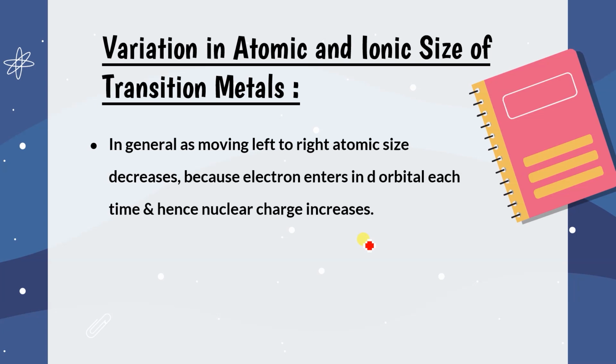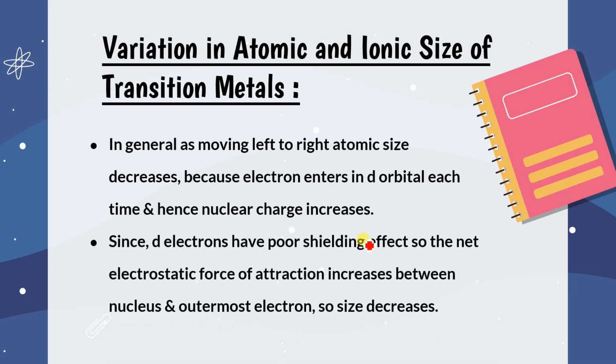Since d electrons have a very poor shielding effect, they are not able to shield the effect of the nucleus from the outermost shell, so the net electrostatic force of attraction between the nucleus and the outermost electron increases, and size decreases. I hope it is clear.